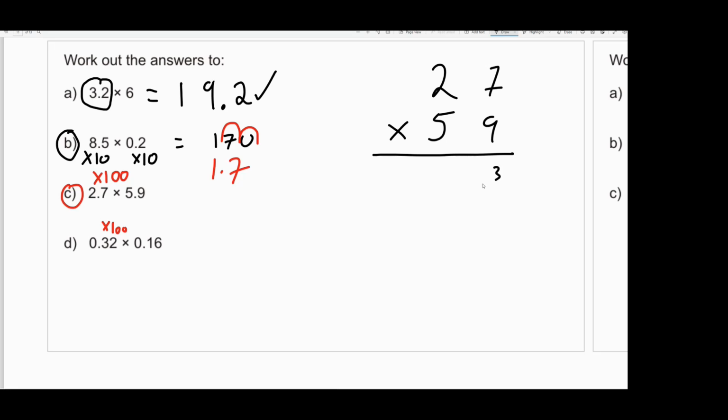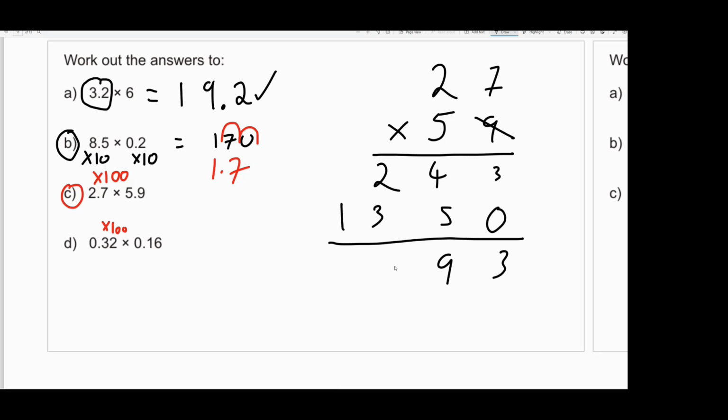So 6963, no, 7963, 34, 35, 10, 13. So you get 1,593, but that's not the final answer.